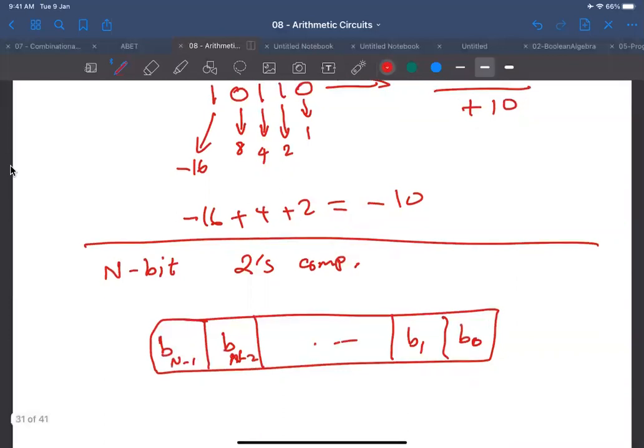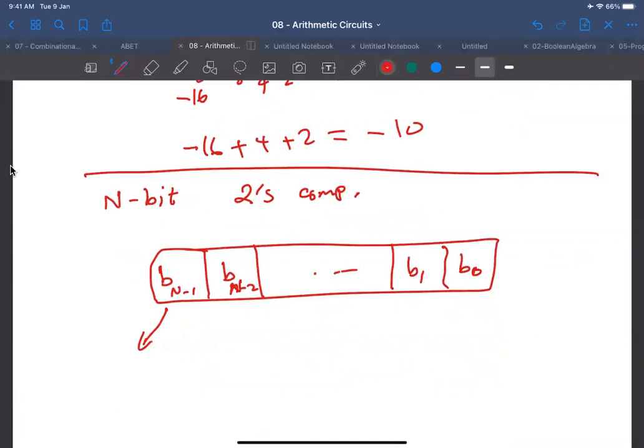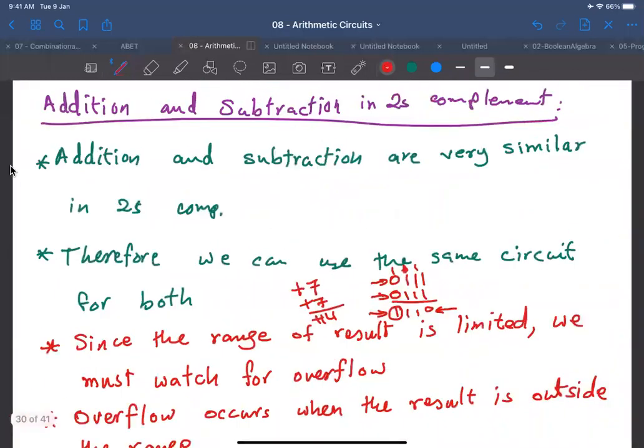So the most significant bit is going to have -2 to the n-1, and the next bit is going to have +2 to the n-2, and this one is going to have +2 to the 1, and this one is going to have +2 to the 0. All right, so enough of that.